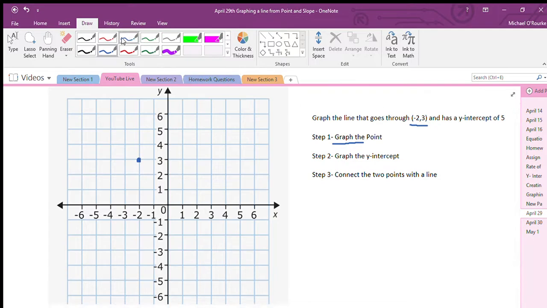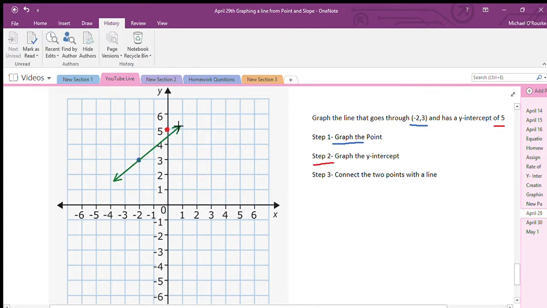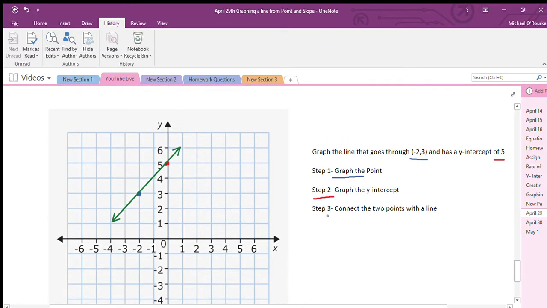And my y-intercept is 5. So that means I'm going to go up to 5, put my dot. Then lastly, draw my line. And boom, that's it for today.